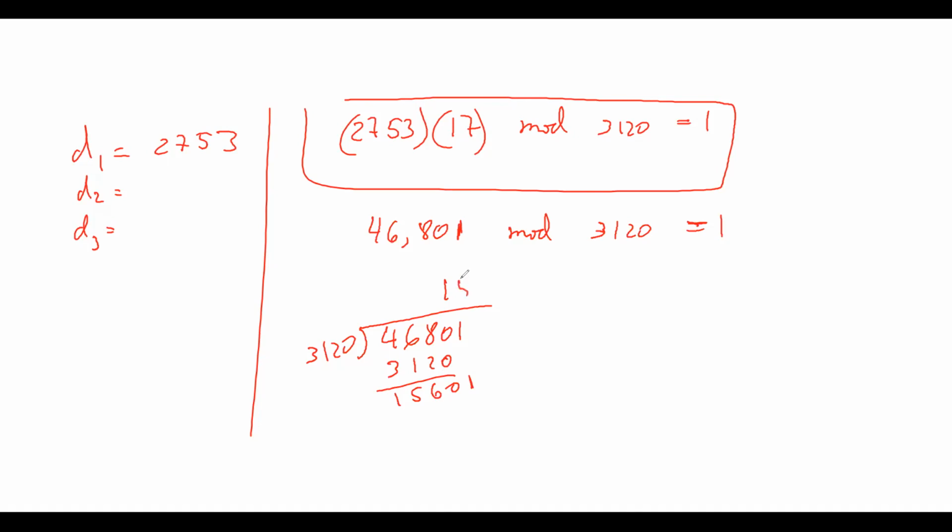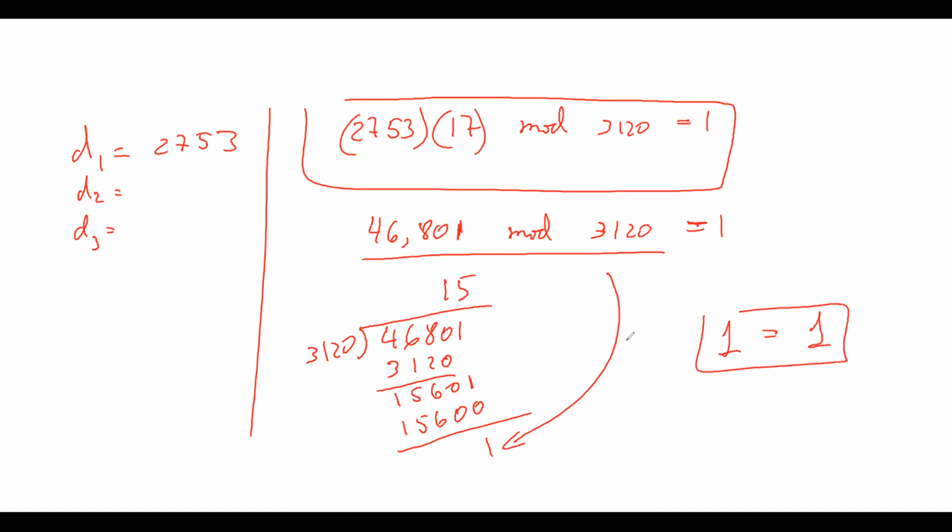Now this is 5. 5 times 3120 gives you 15600, which means that's a 1. That's the remainder of the division. The mod operation will return that. Therefore, you end up with 1 equal 1, which means D is in fact an appropriate decryption exponent for the problem that we are trying to do.